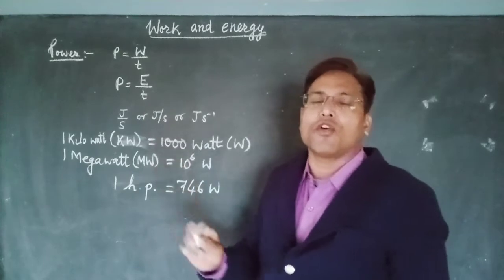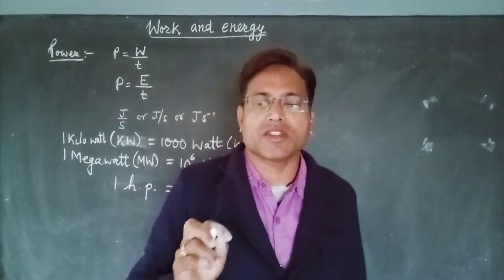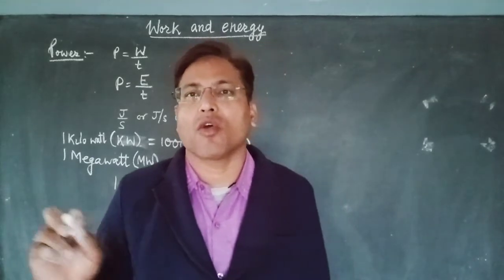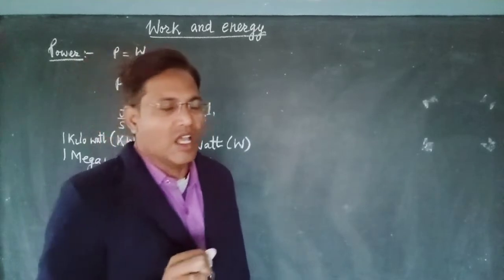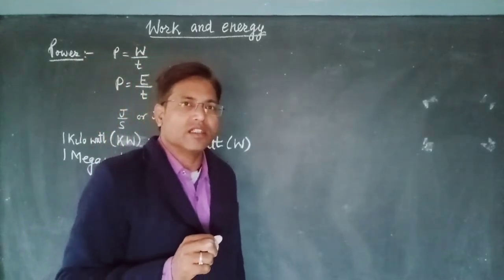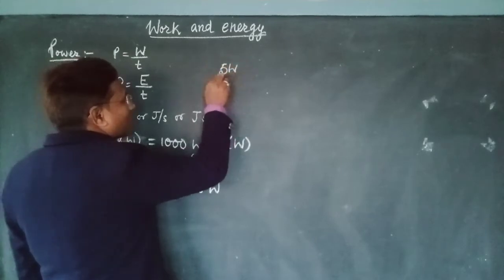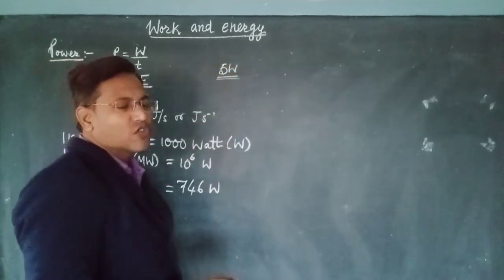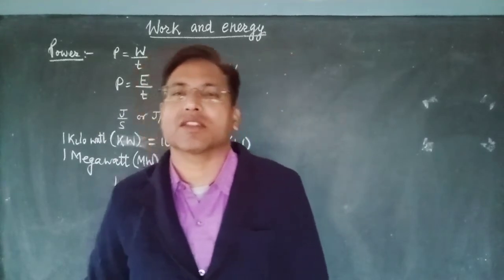Nowadays we have 10 watt or 5 watt bulbs. If it is written 5 watt, that means this bulb will consume 5 joules of energy per second.